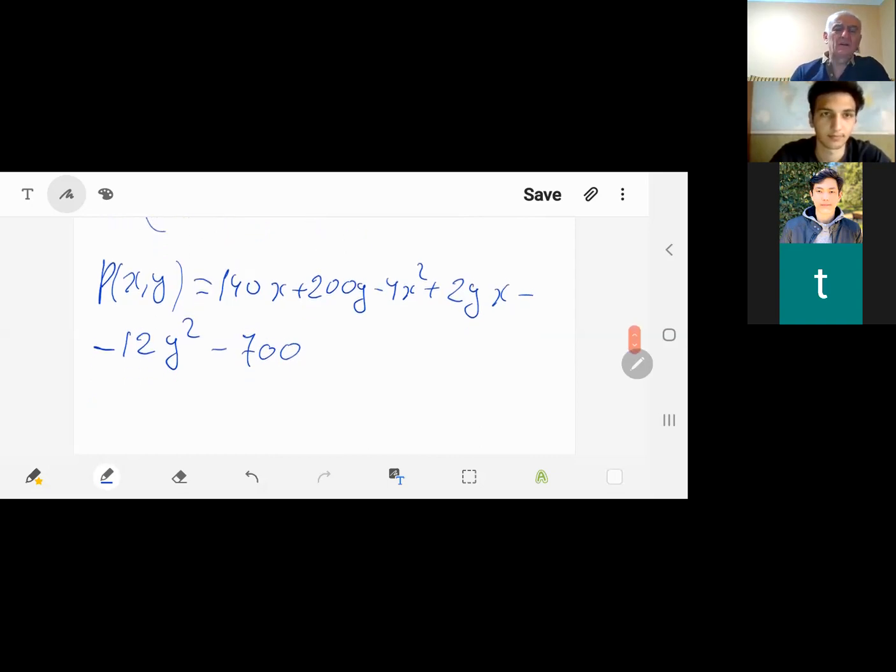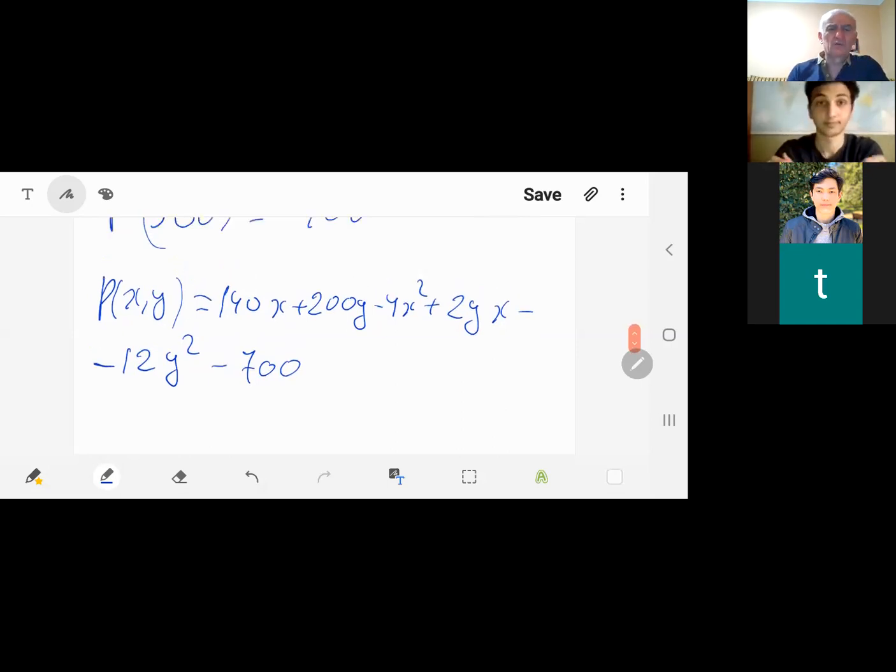For example, if a company produces two types of chocolates, x is the number of white chocolates and y is the number of dark chocolates. And the profit function is expressed by this equation.